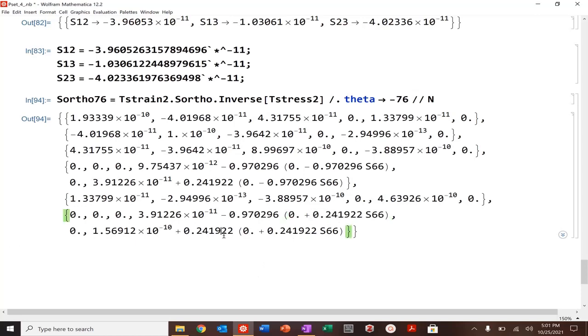And we can see here, I'm also going to have to do the same thing. So my stress 7P, my prime, is going to be equal to T stress 2 dot, what do I call it?